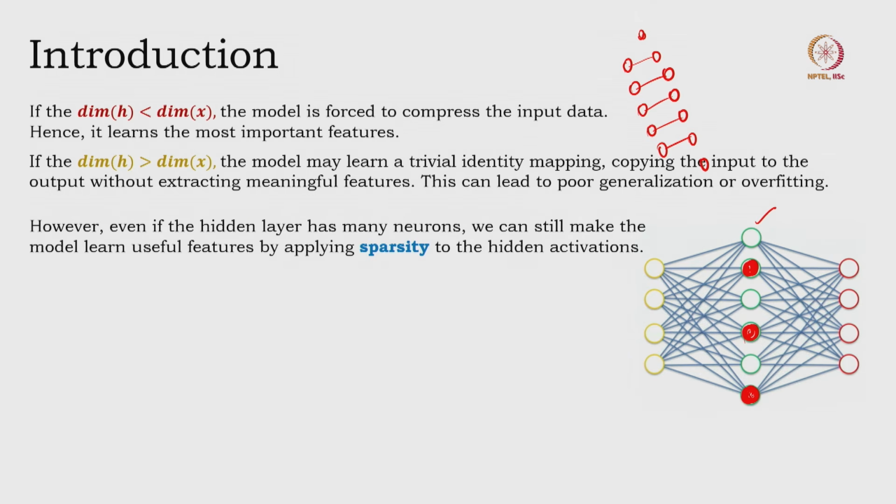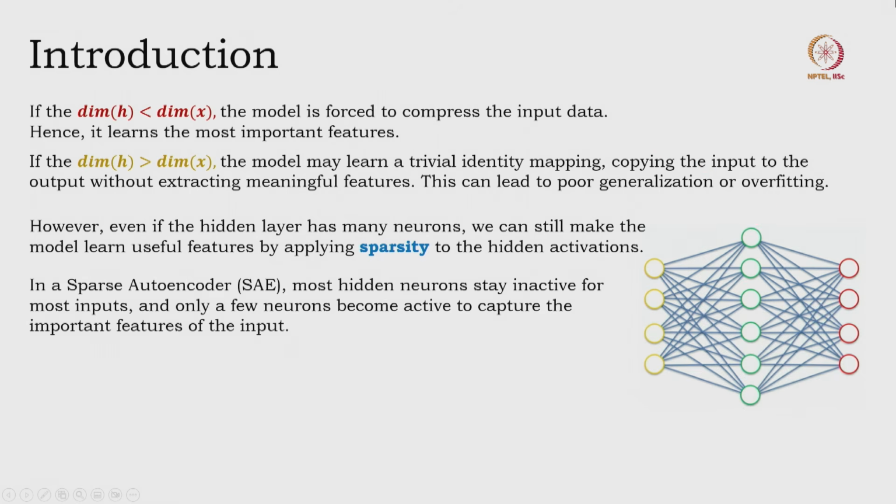Even if the hidden layer has many neurons, we still want the model to learn the important features. How? We will be applying sparsity to the hidden activation. What sparsity is, we'll understand in a while, but the whole requirement here is introducing the sparsity to the hidden activation.